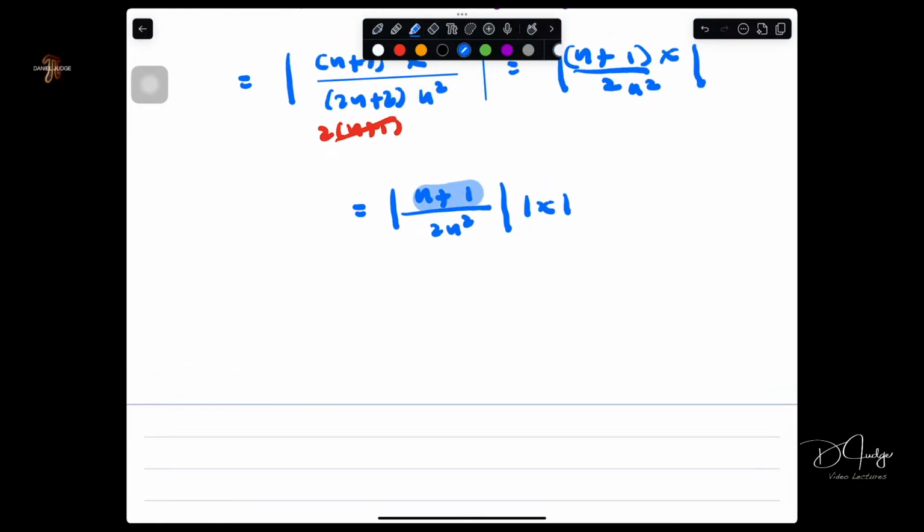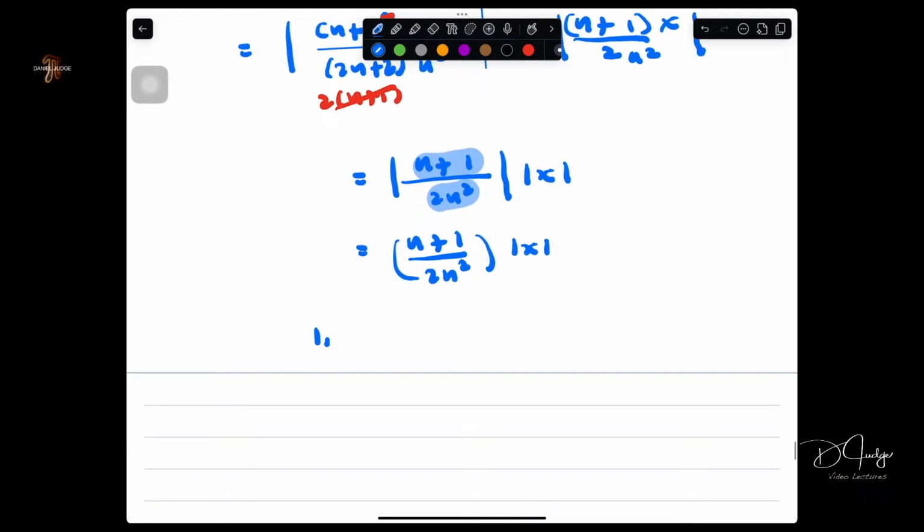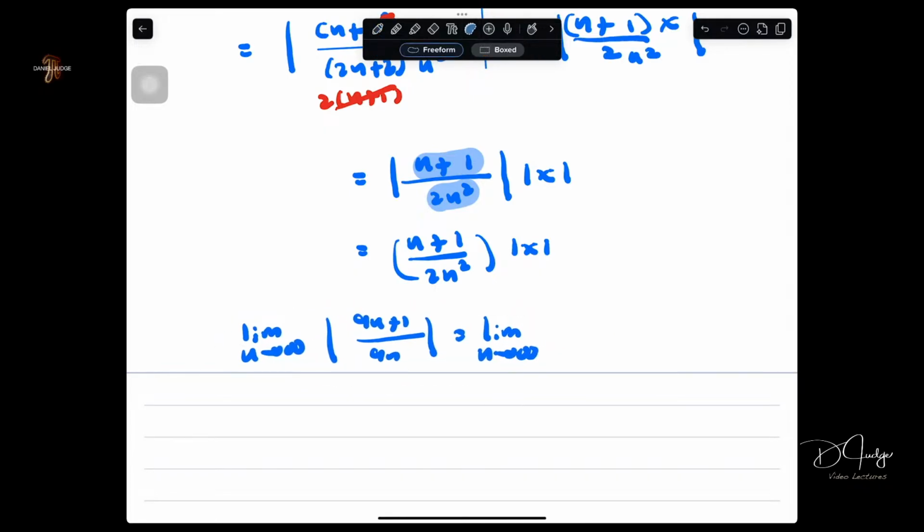For the n terms, these are all positive. So you're going to end up with n plus 1 over 2n squared, absolute value of x. So, taking the limit now, as n goes to infinity, absolute value of a n plus 1 over a n is really the limit as n goes to infinity of what we just got by the ratio test.